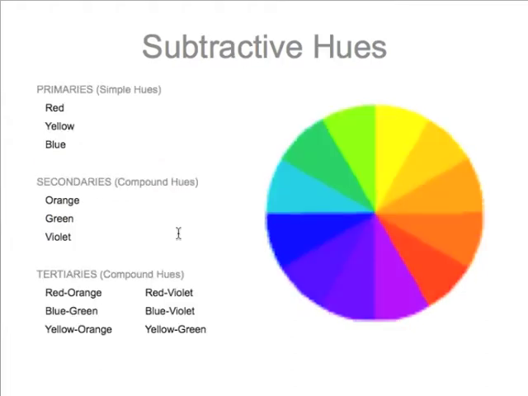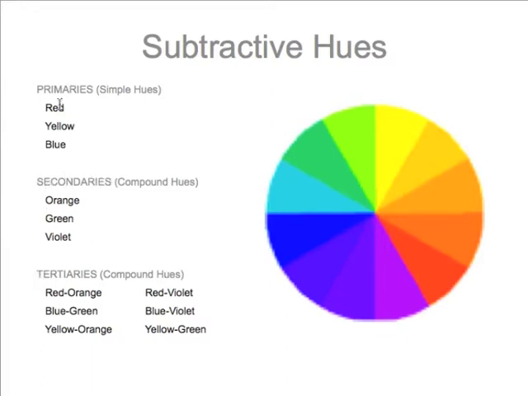When you mix a primary with a secondary, you get a tertiary. And that's the third understanding of hue. It is not a level. In other words, primaries are hierarchical only in that they're foundational and they're known as simple hues. Secondaries are compound hues, and because they are derived from primaries, they are second in hierarchy.